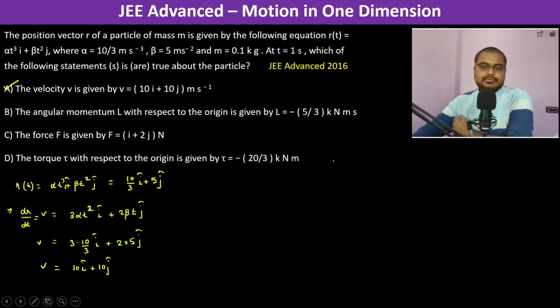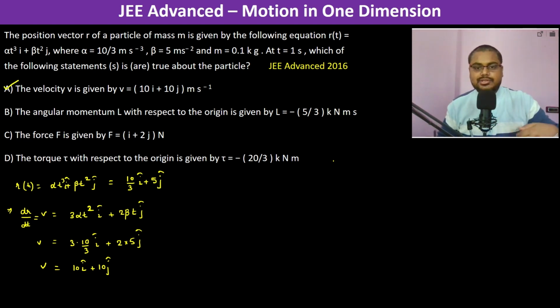Angular momentum with respect to the origin is given by R cross mv.